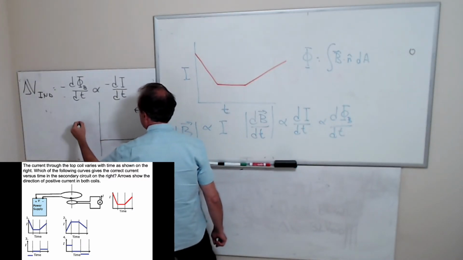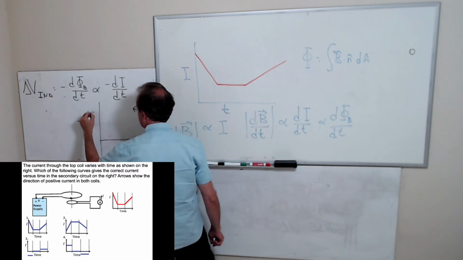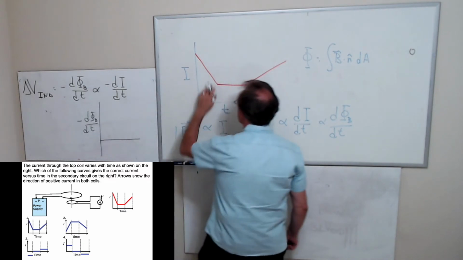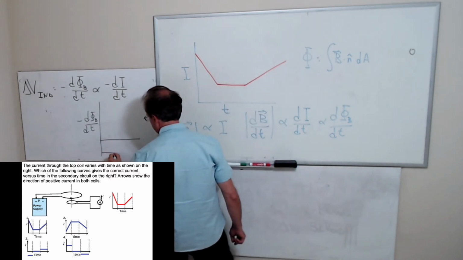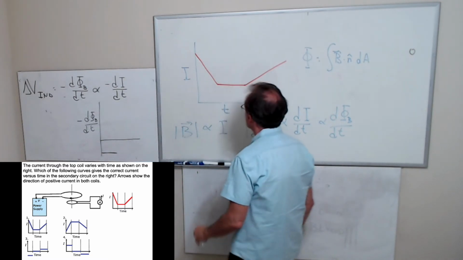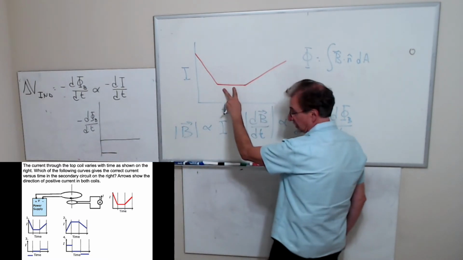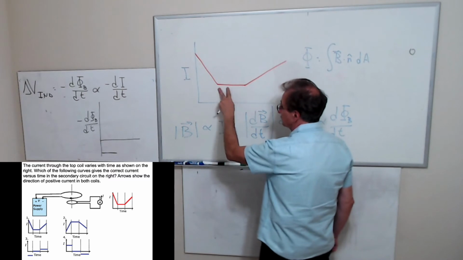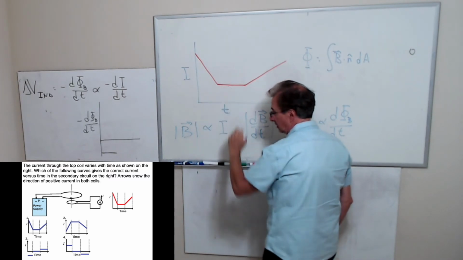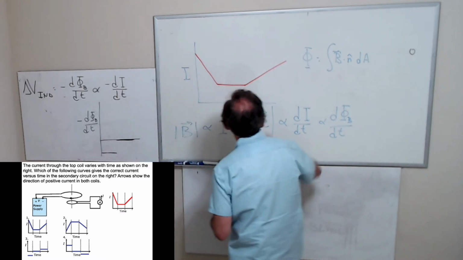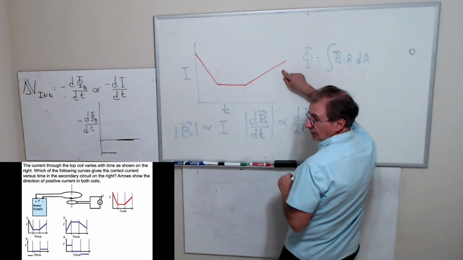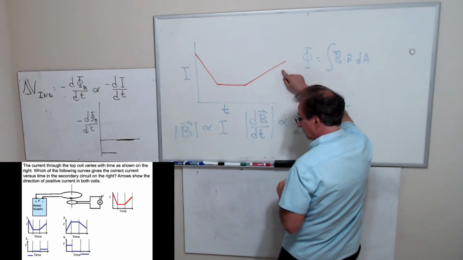So if I plotted minus dΦ/dt, this slope is constant, but there's a minus sign in front, so I have to get something like this. Here the slope is constant, it's zero actually, because the function doesn't change. I doesn't change as a function of time here. So the function does this. And here the current increases at a constant rate as a function of time.